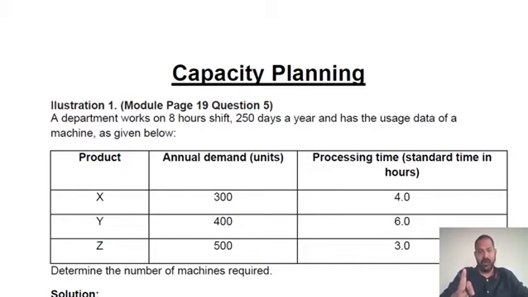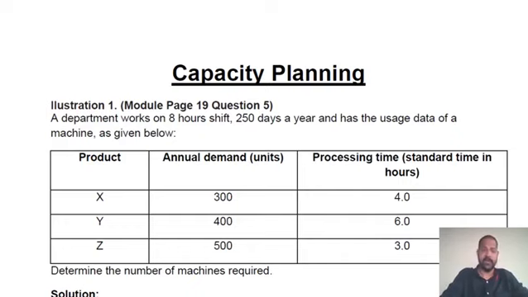I am going to produce 3 products, X, Y, and Z. X has an annual demand of 300, Y has an annual demand of 400, Z has an annual demand of 500. The processing time: for X, 1 unit takes 4 hours. Y, 1 unit takes 6 hours, and Z, 1 unit takes 3 hours.